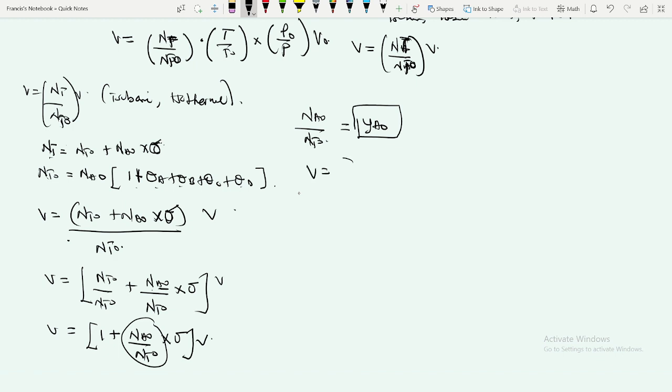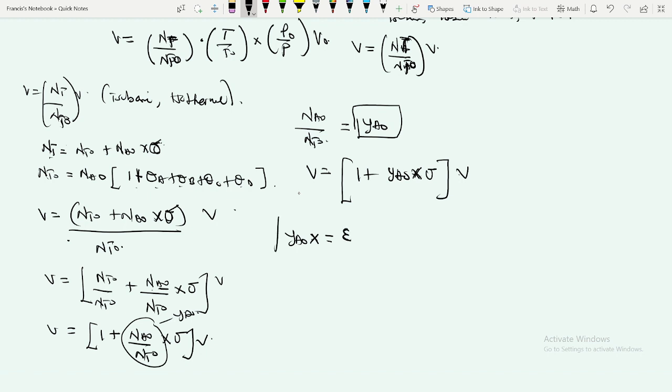So V is equal to 1 plus, and this Ya naught is this portion alone, multiplying x sigma, everything times v, right? Now, ya naught times the conversion is equal to epsilon.